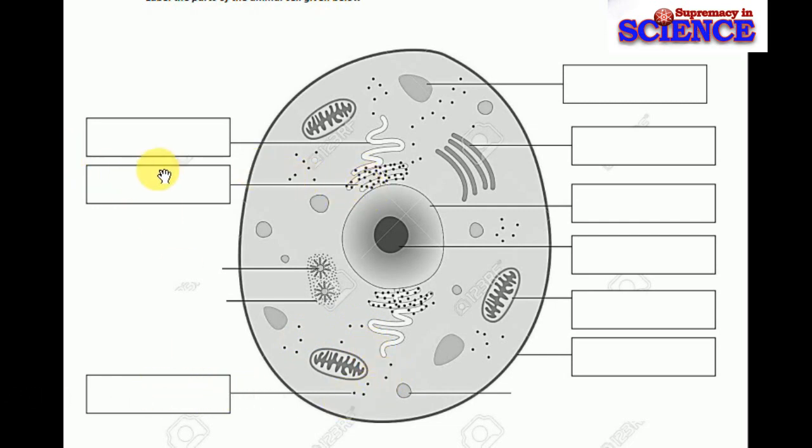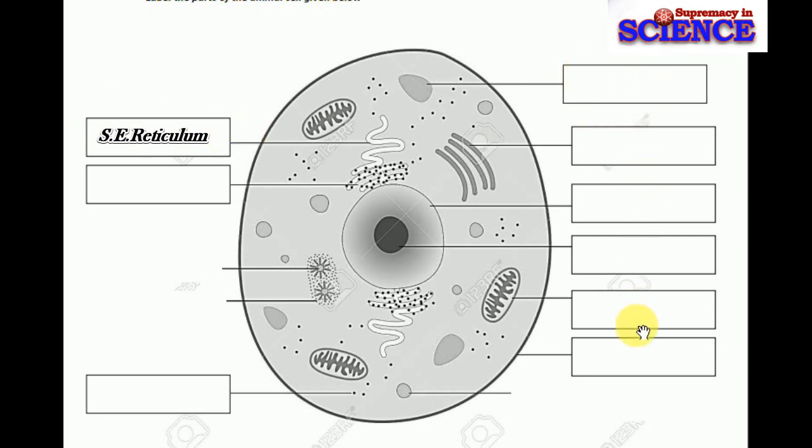And this one is the rough endoplasmic reticulum, because small granule-like structures called ribosomes are attached to the endoplasmic reticulum. And this one, without these tiny ribosomes, is the smooth endoplasmic reticulum.